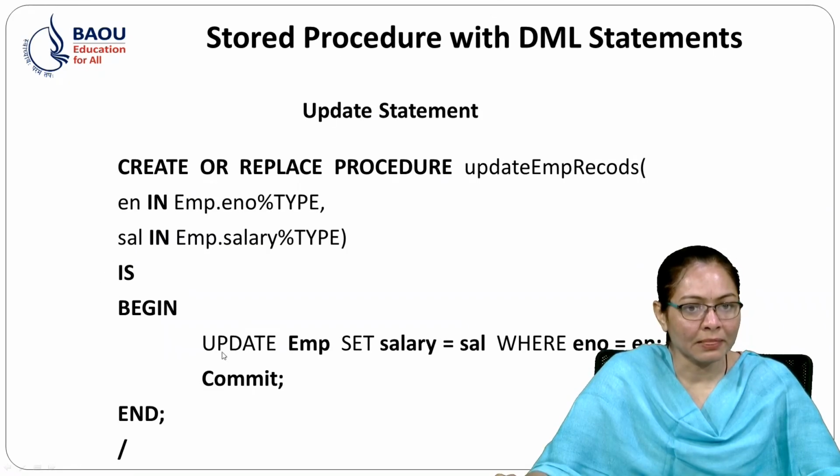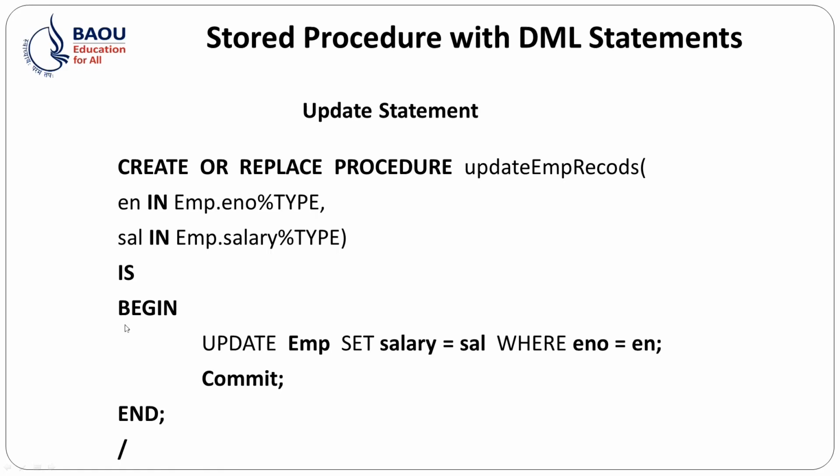In begin, update employee table name, the employee table, then set salary is equal to sal. This is the variable name. This is the value which is stored in this column. Here in a begin, update, then table name, then set column name salary is equal to variable name sal.